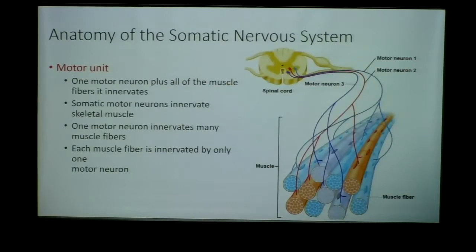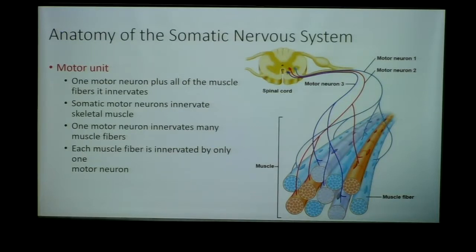So let's look at the motor unit. We said a motor unit is a single motor neuron and all the fibers that it's innervating. If we look at this schematic here, we can see motor neuron 1 in blue, motor neuron 2 in red, motor neuron 3 in purple. Each of these motor neurons is going to more than one fiber.